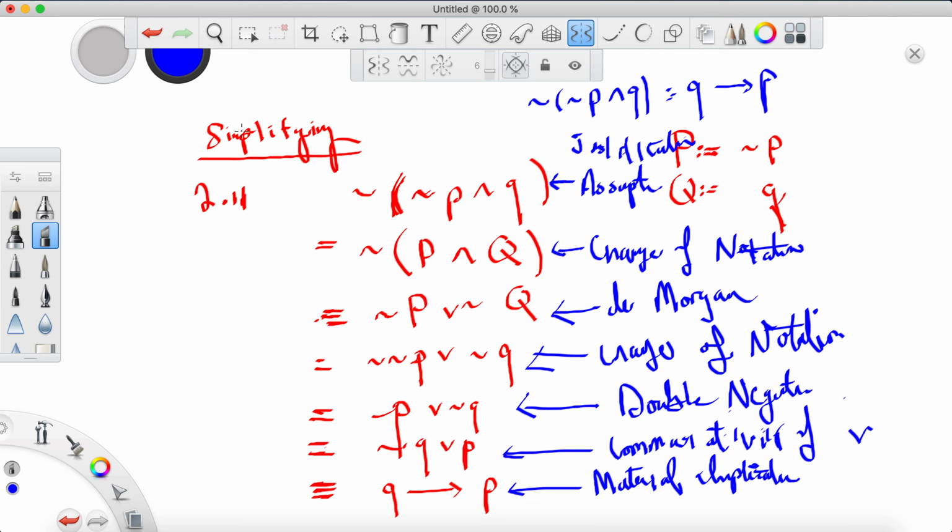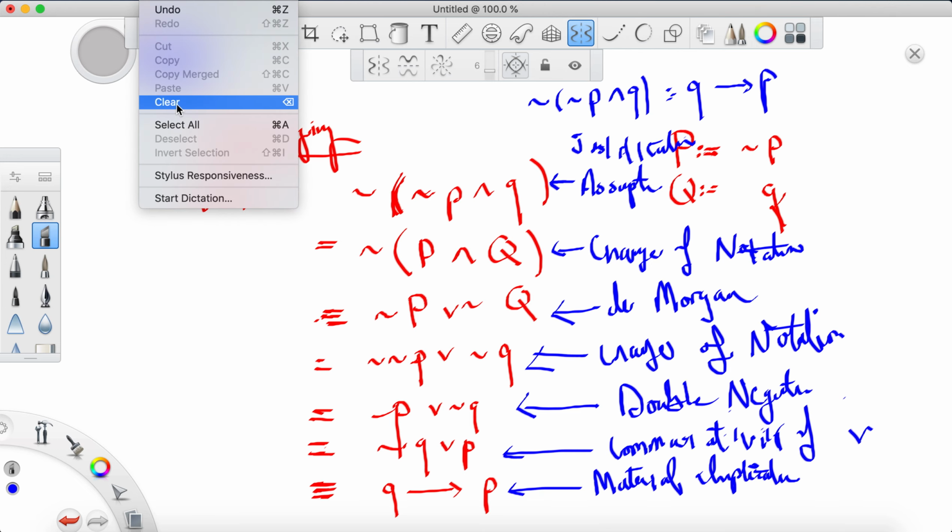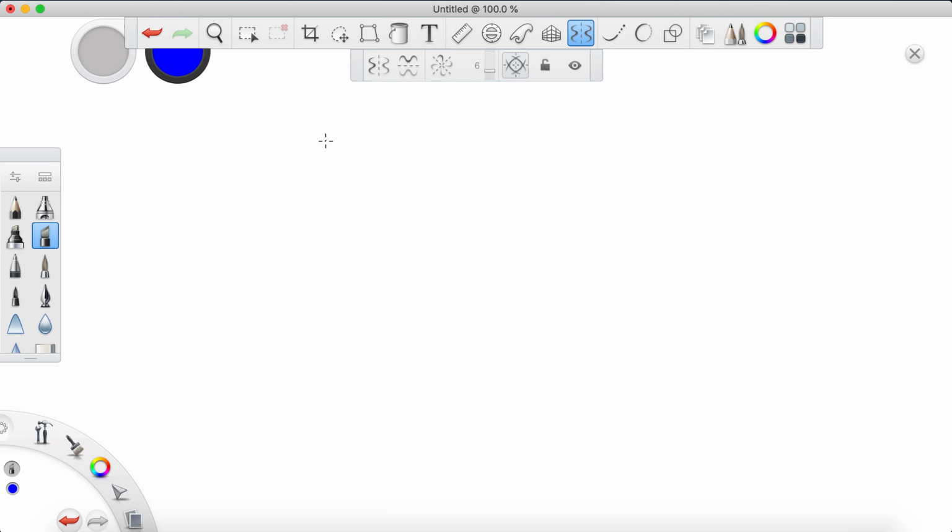Okay, so that was our first example. The second one is going to be with words. Okay, so this is going to be example 2.12 from the book.